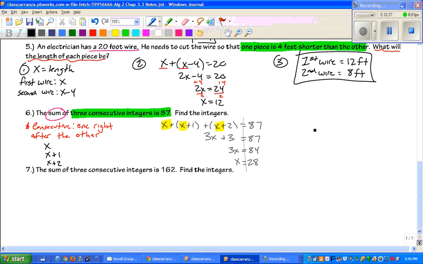So the 3 consecutive numbers would be 28, 29, and 30. And to check to make sure we got it right, add them all up, and you should get 87. All right, why don't you guys try number 7?